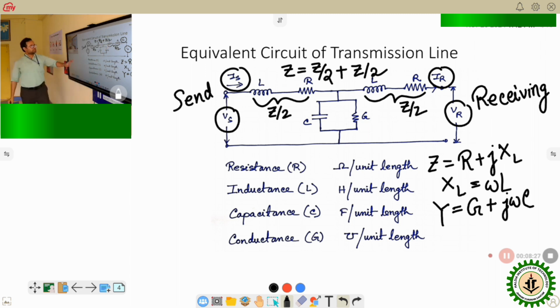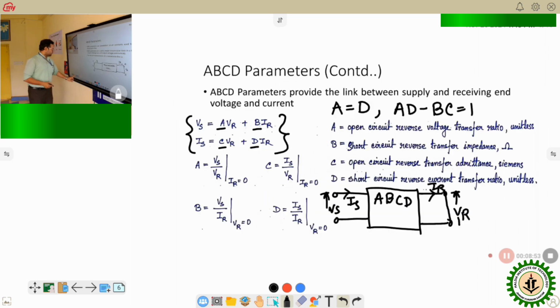So the total impedance of the line, the total transfer impedance of the line is Z. Here it will be Y, this portion will be Y. So that is the transfer admittance. And obviously IS, IR, VS and VR we already have got, which is used to find out the reverse voltage ratio and the reverse current ratio for the ABCD equivalent circuit.